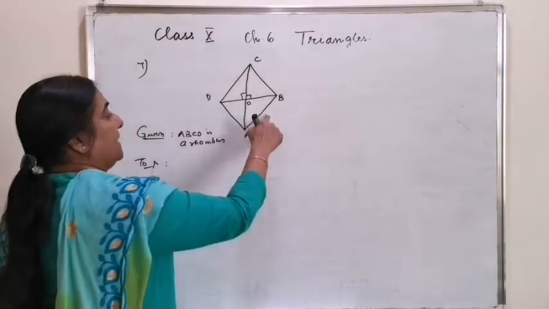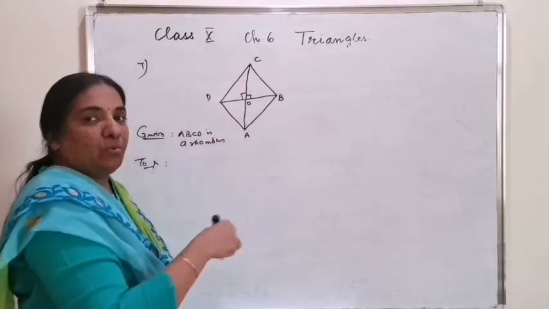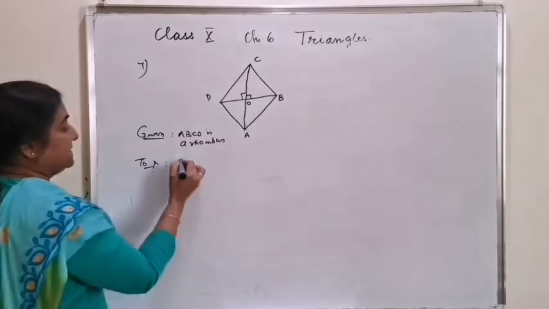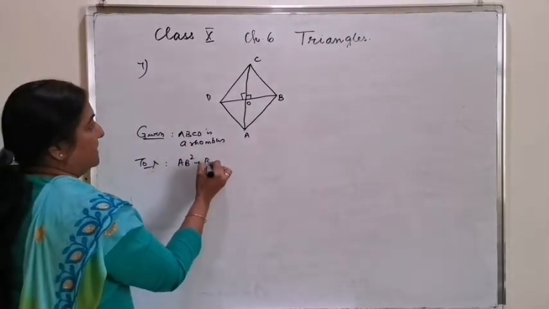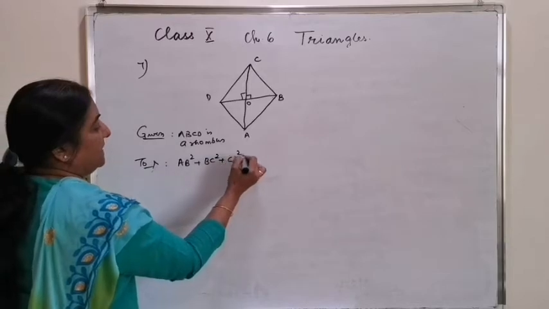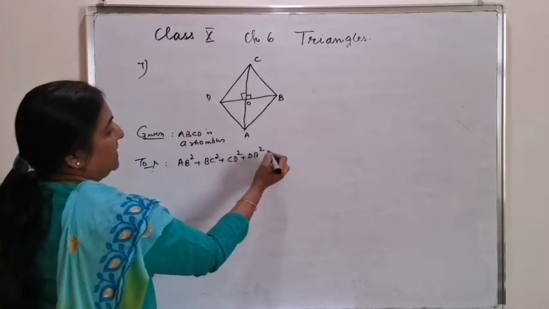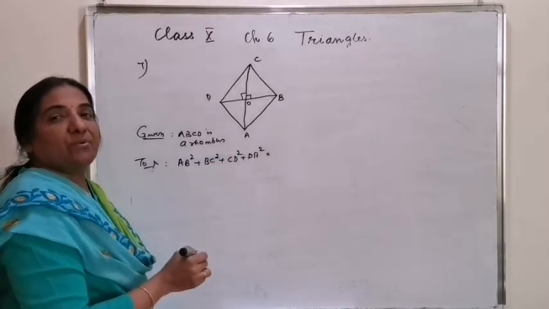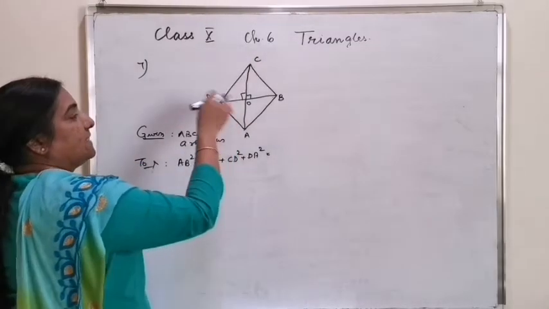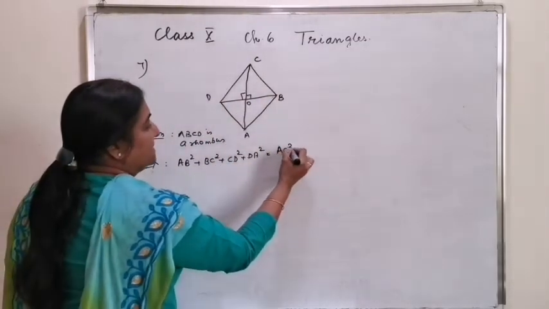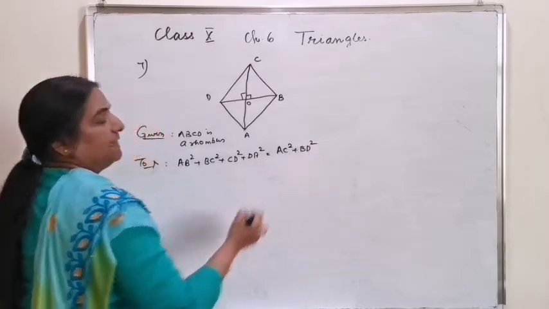The sides are AB, BC, CD and DA. What is the sum of the squares? That is AB square plus BC square plus CD square plus DA square is equal to sum of the squares of the diagonals. Diagonals are AC and BD. That is AC square plus BD square.